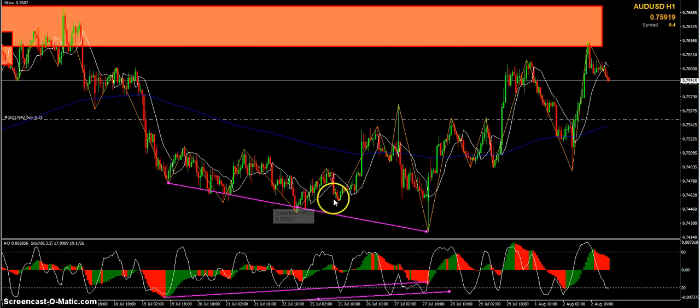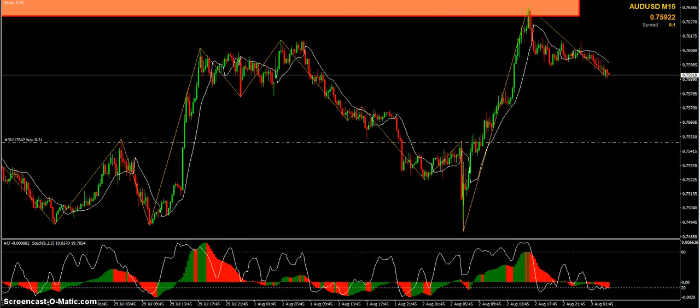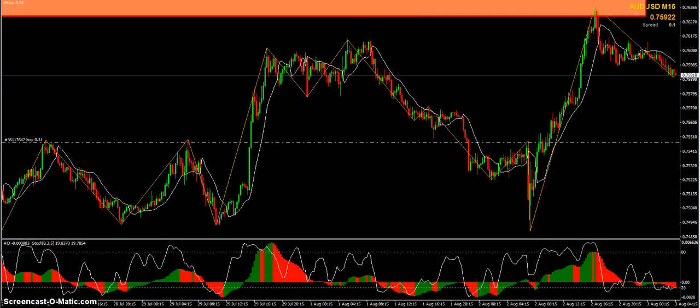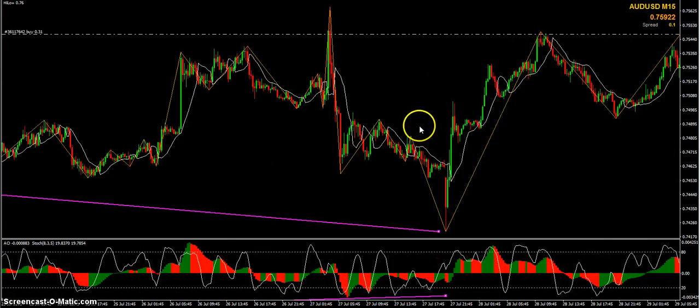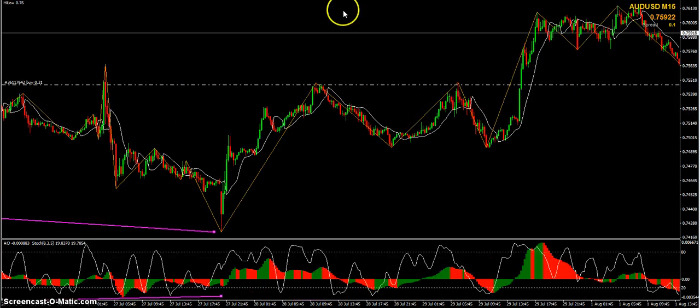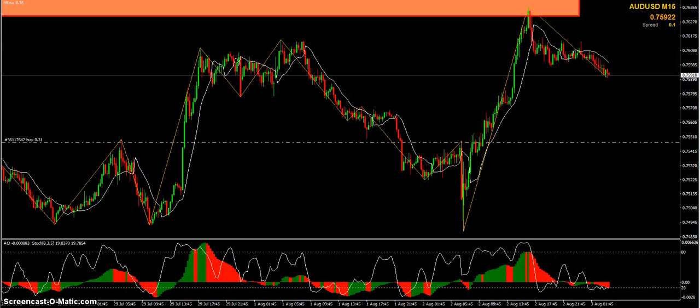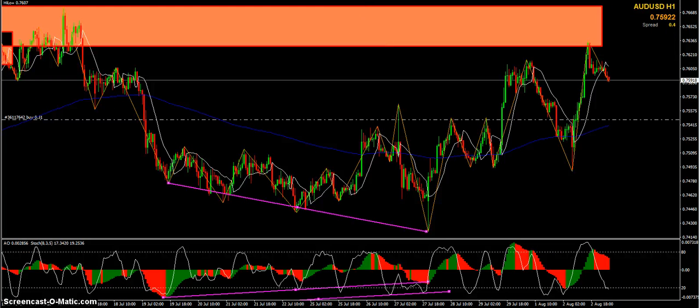As you can see, the price is still stepping lower as the AO is stepping lower, and so that's a good reason why we look at possibly looking for a buying opportunity. Then if we scroll back a little bit more on the 15-minute chart, we also see some divergence at around these levels with the lower price and the higher AO. So there's all the reasoning for why I want to get in.